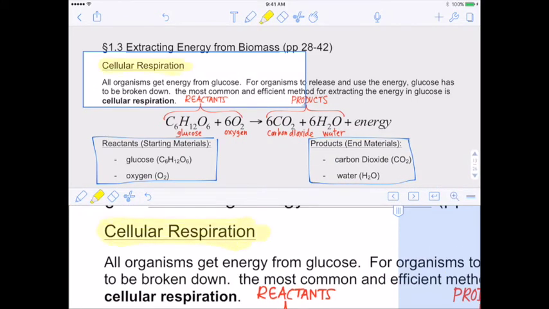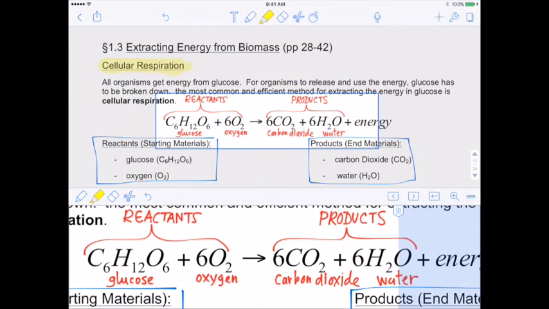The chemical formula for cellular respiration is not totally different from the chemical formula for photosynthesis. In fact, it contains all of the same molecules. What's different is the order in which they are presented. So for photosynthesis, glucose and oxygen are the products. In cellular respiration, they are the reactants.